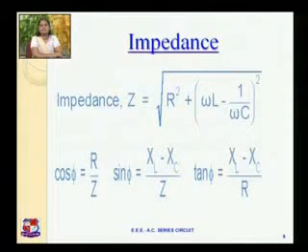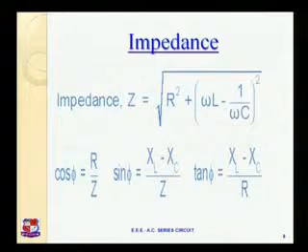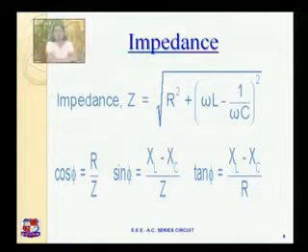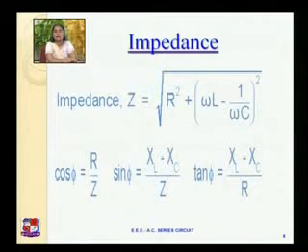So impedance Z is equal to the square root of R square plus XL minus XC whole square. XL is equal to 2 pi FL and 2 pi F is equal to omega. So you can rewrite the equation like this: R square plus (omega L, which is equal to XL, minus 1 upon omega C, which is equal to XC) whole square. So cos phi is equal to R, which is our resistance, divided by Z, which is the impedance.